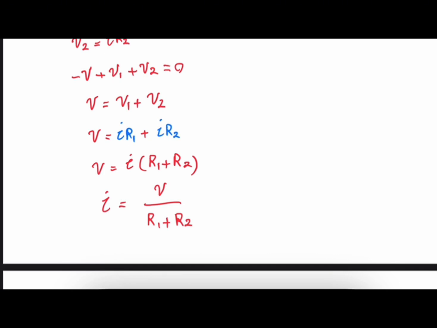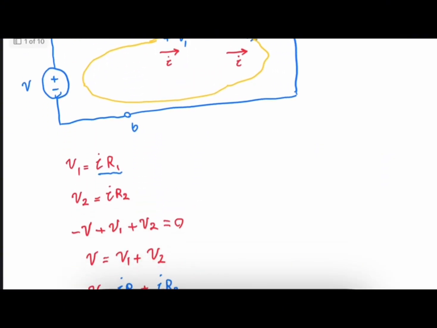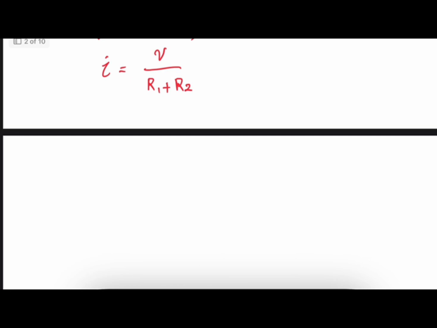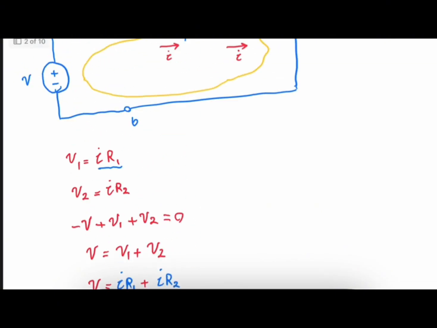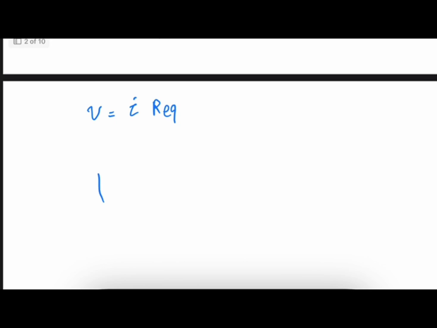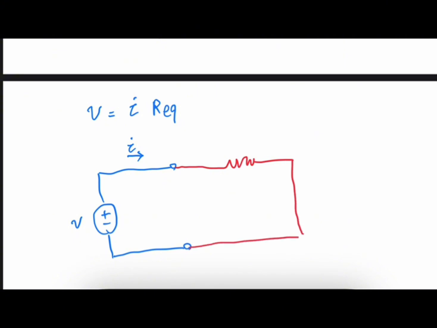Now we can rewrite the total voltage as V is equal to I times R equivalent, since we can redraw this circuit as the equivalent circuit with the same voltage source and the same current passing through it, but represented by R equivalent.